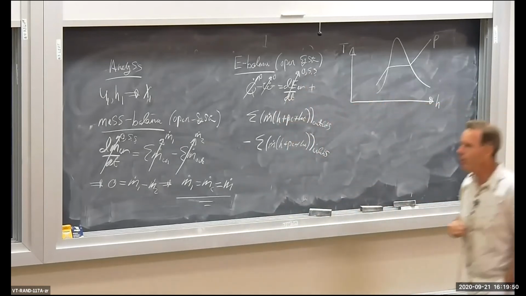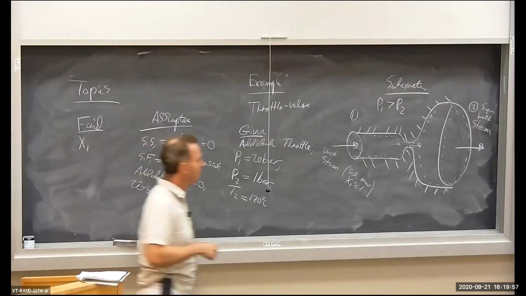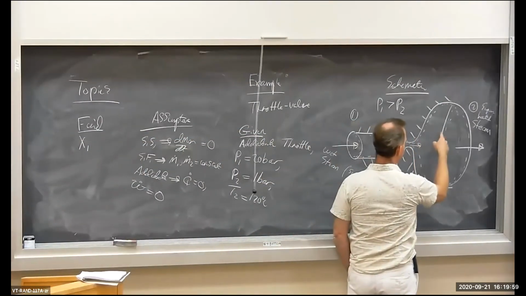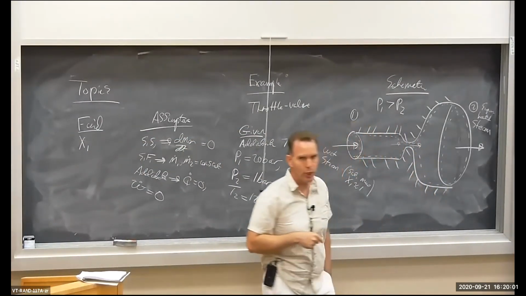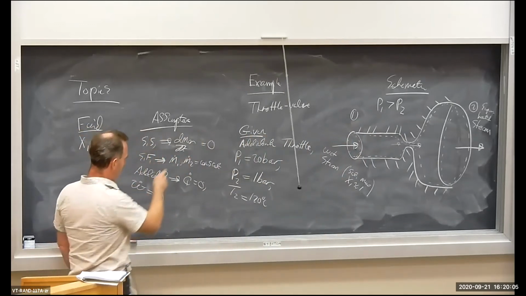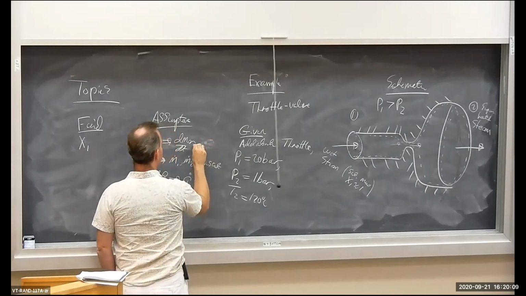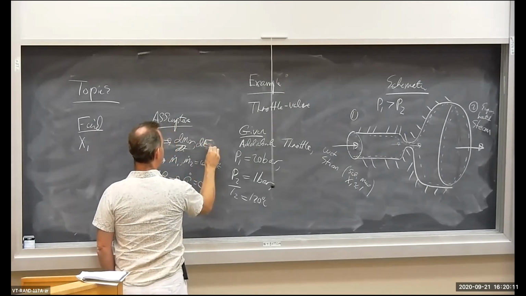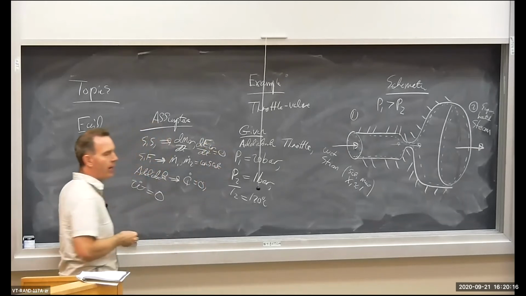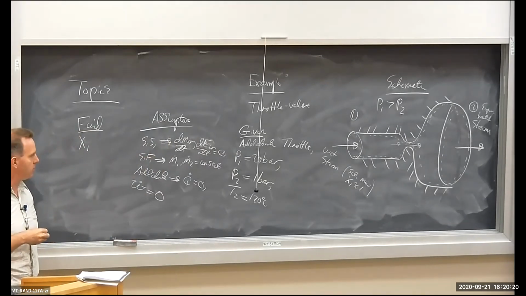Why? Because I'm assuming steady state. So not only is dm_CV/dt 0, but dE_CV/dt is 0. No change with time for energy and mass within the control volume. Steady state.